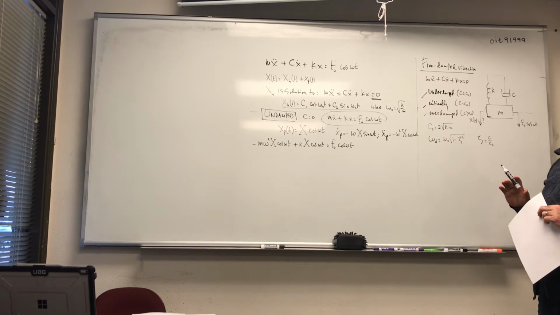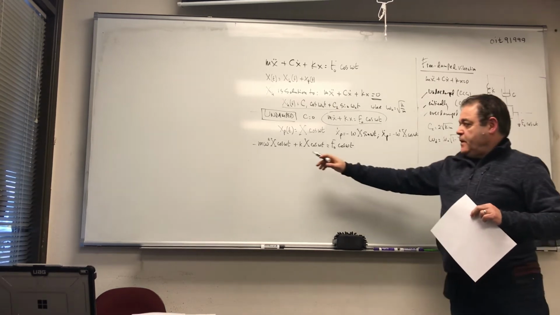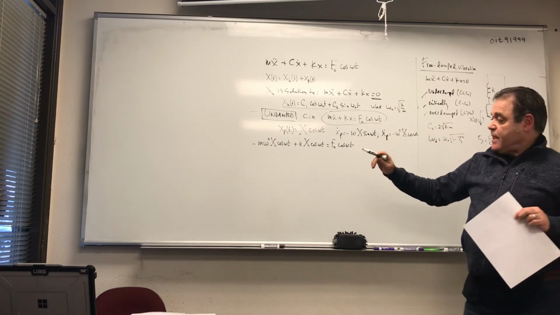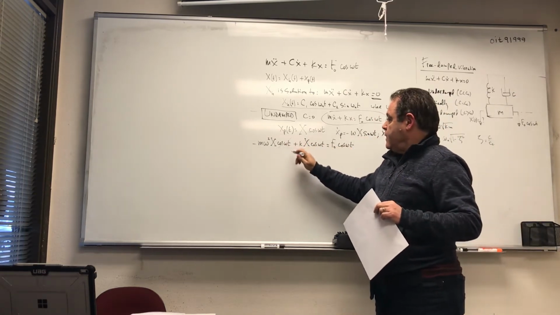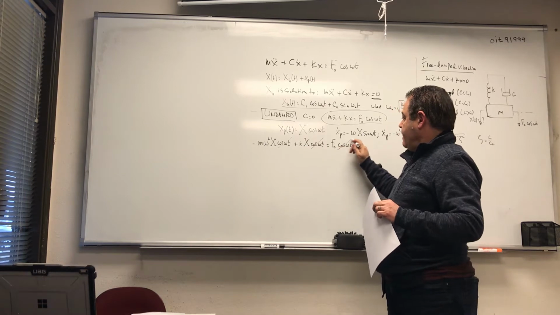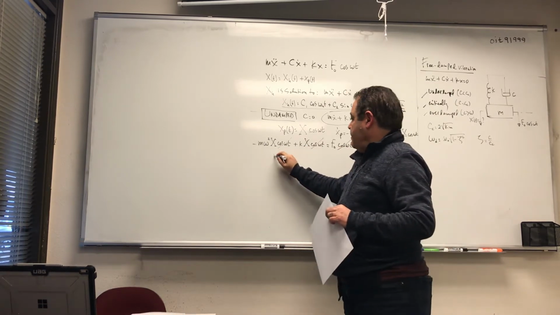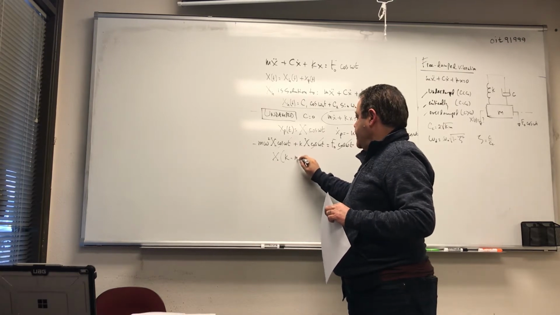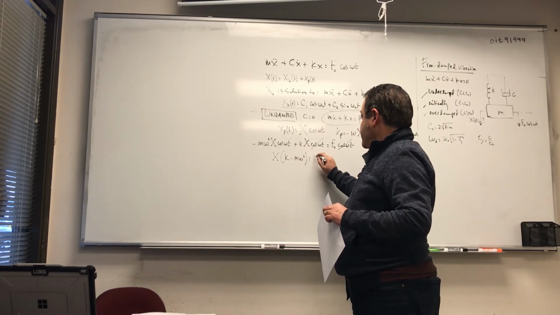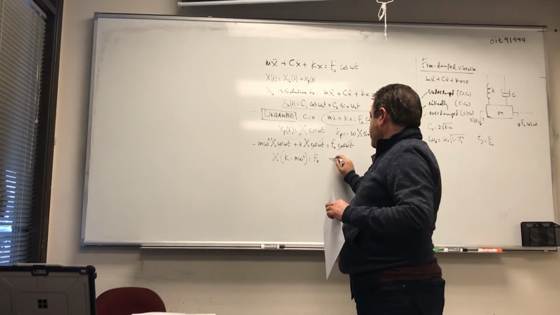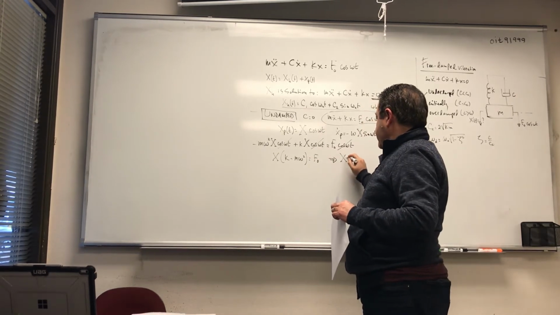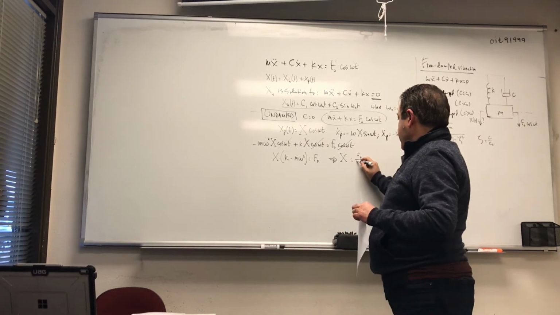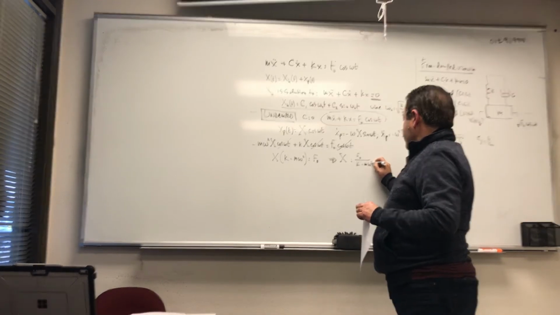I think so. Okay. Now, because this equation has to apply for all times, I can simplify by cosine omega t, and end up with capital X times k minus m omega squared is equal to f naught, which means that capital X is equal to f naught divided by k minus m omega squared.